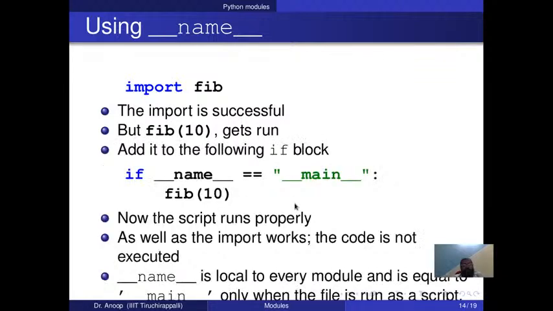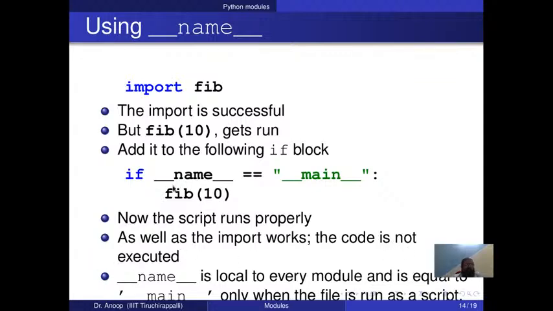You can add it into an if block: if __name__ == "__main__". So this fib of 10 will run only when I am running this as a script. Now the script runs properly, and the import works without the code being executed.